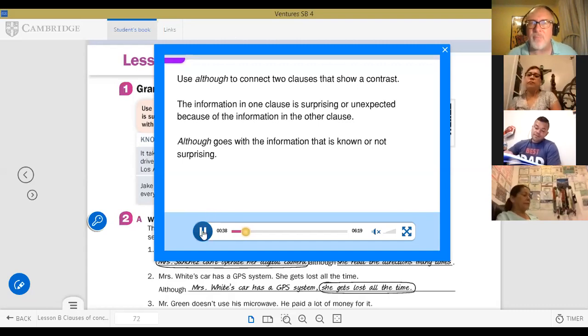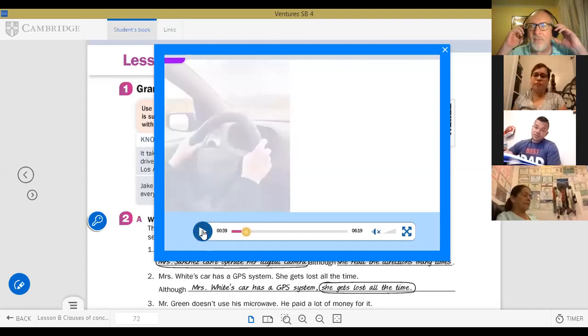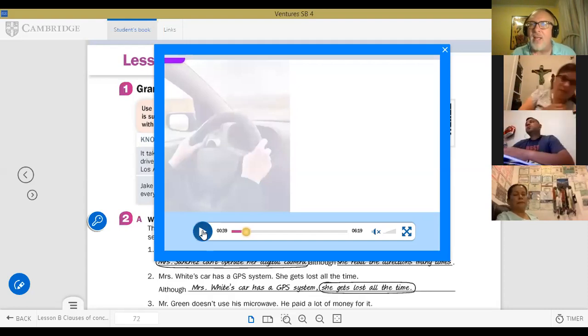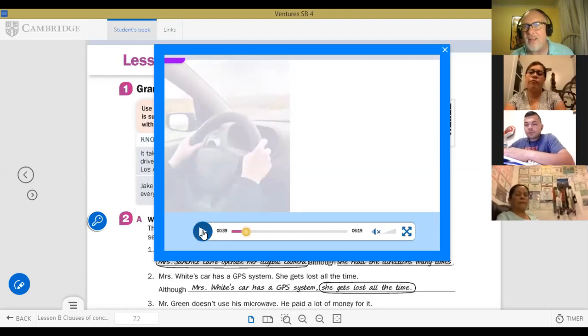So for example, if I have, for example, he is 92 years old and he plays basketball every day. All right. What is the surprise there? He still plays basketball, right?